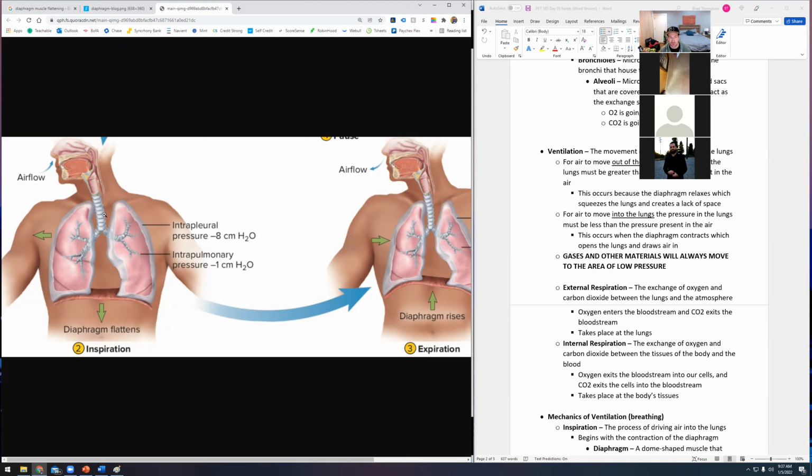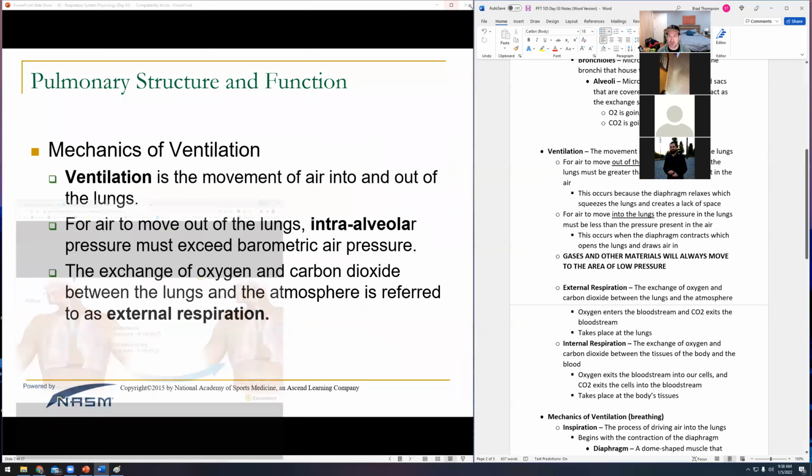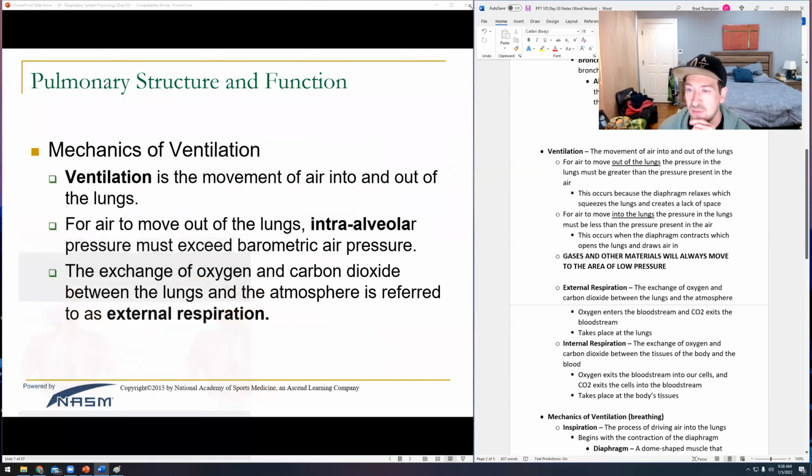So then air comes rushing into the lung. So the diaphragm will naturally sit like this. And when it flattens down, that draws your lungs open. And when it relaxes, that pushes your lungs closed. This brings air in, this pushes air out. So that's sort of how your diaphragm is contracting, and that is the process of ventilation.